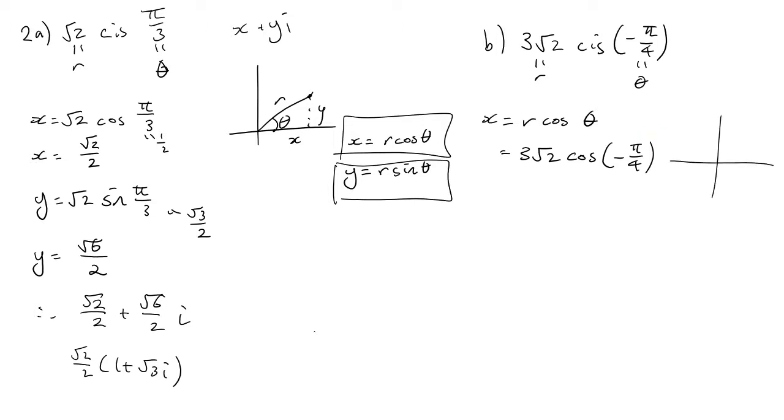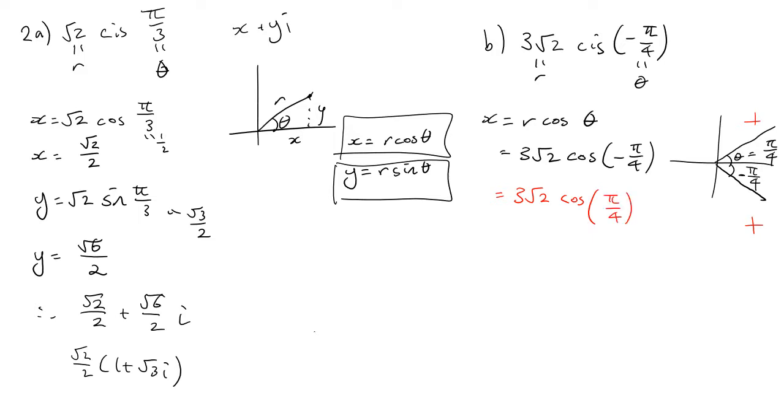Let's draw a unit circle. So that's here, and that would be pi on 4 and negative. Okay, so this angle here is theta, and that would be equal to pi on 4. And since we're looking at cos, and cos is positive in both quadrant 4 and quadrant 1, we just need to do this: 3 square root of 2 cos pi on 4.